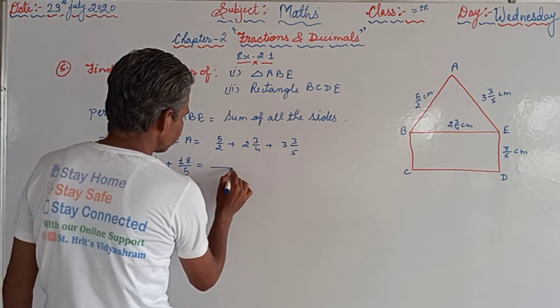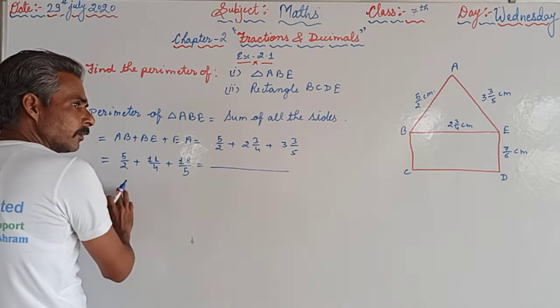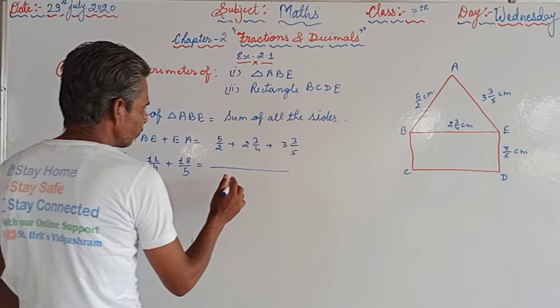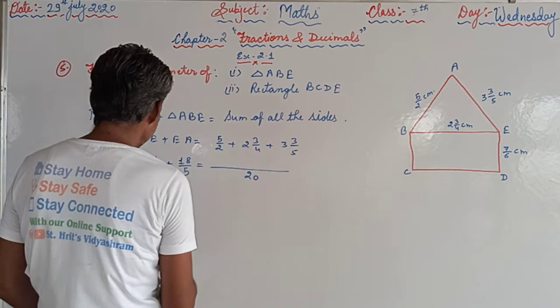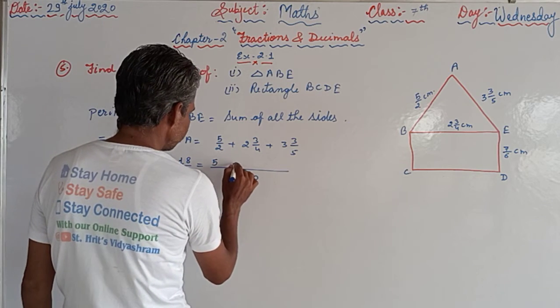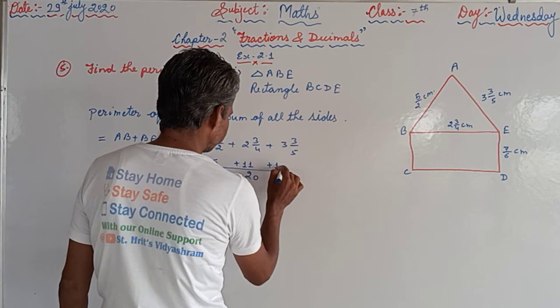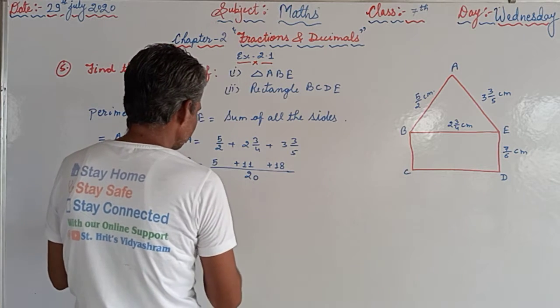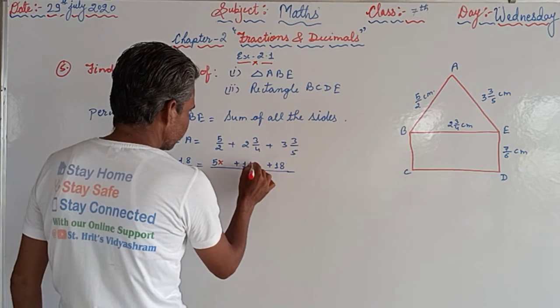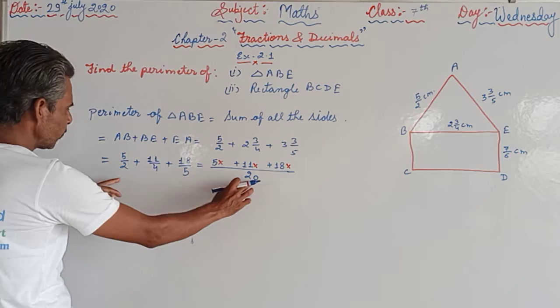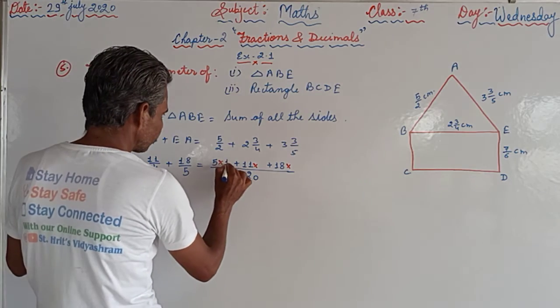Afterwards we are supposed to find the LCM of 2, 4 and 5, that will be 20, and we will write the same numbers here, and then we are supposed to multiply. By which number do we have to multiply? We divide 20 by 2, we get 10.